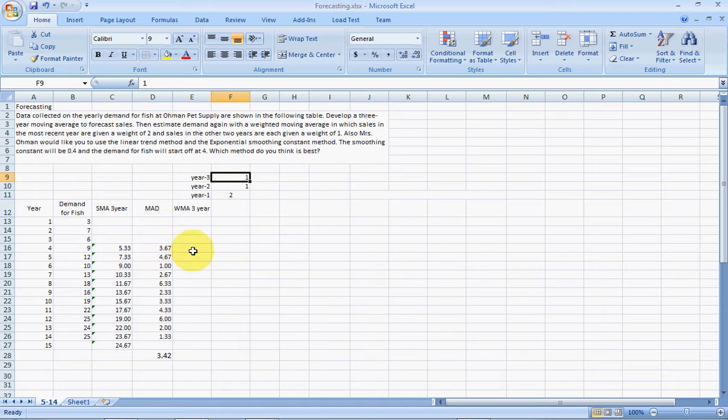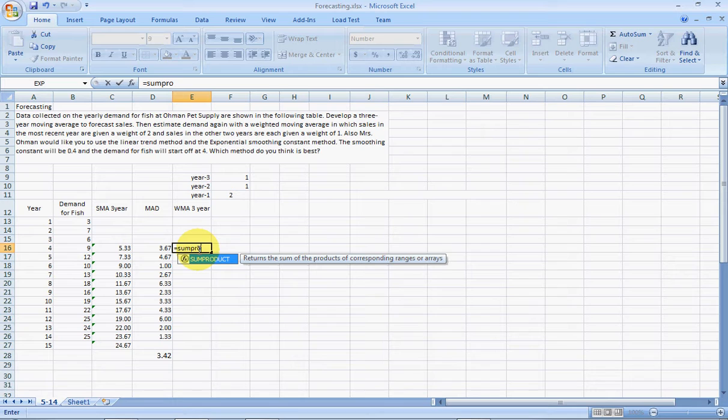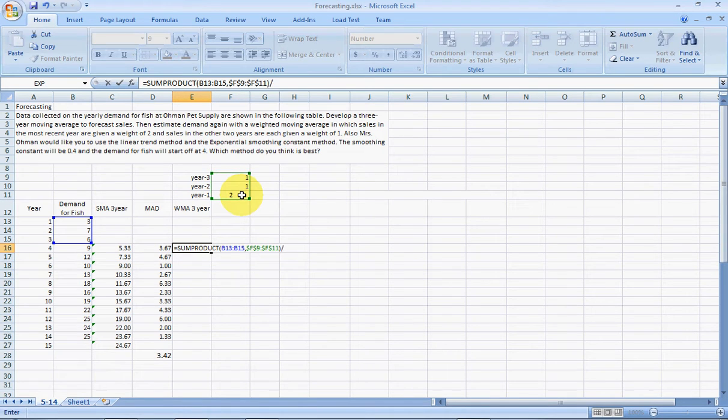So what we're going to do is the same as we did with the simple moving average, but we're going to use weights. So just equals sum product, and then we'll do these 3 years. So we're always going to use what the actual demand was right here, and our weights, and we're going to hit F4 so that we lock the weights, and divide that by 4.